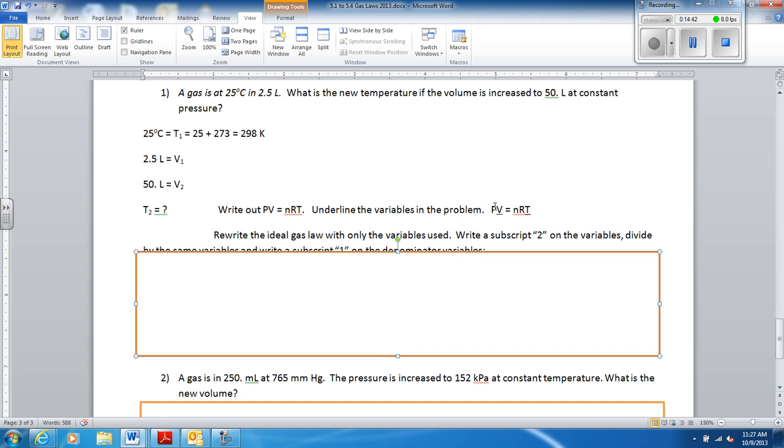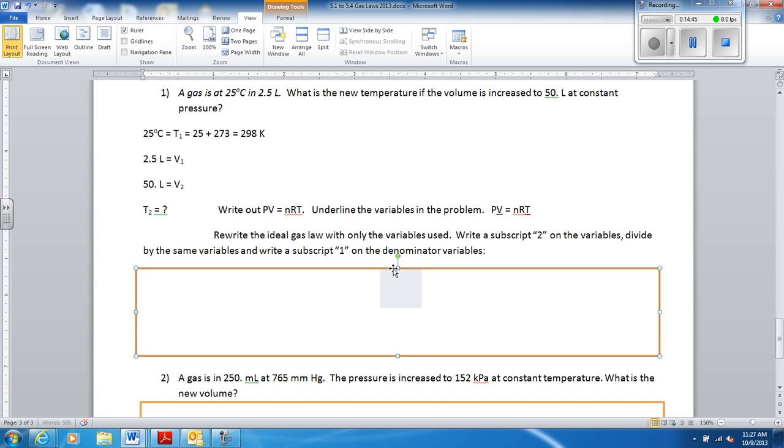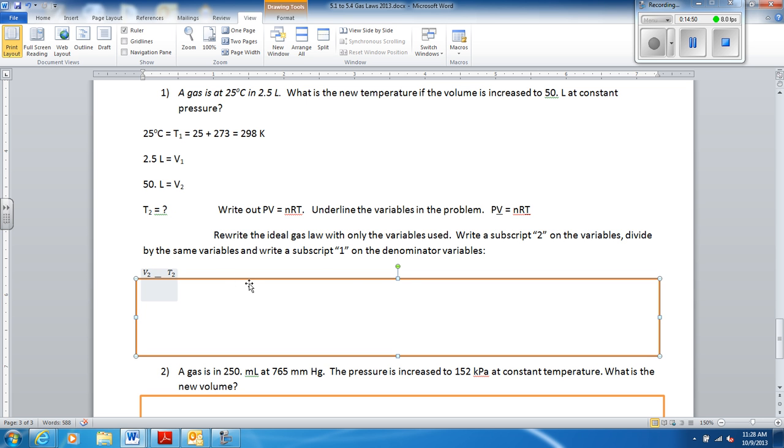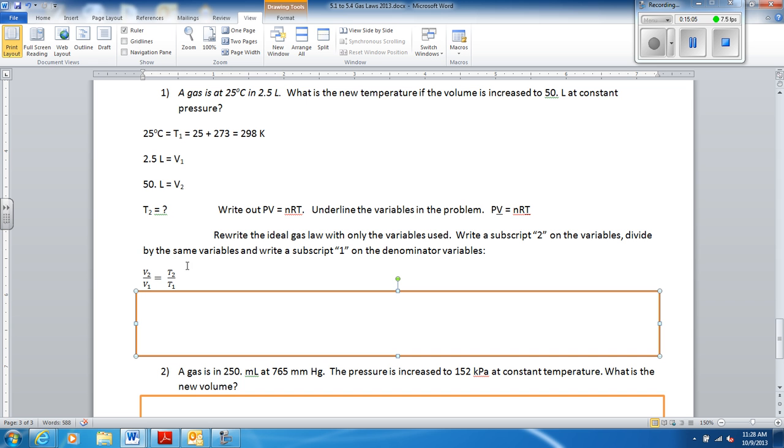So I will write V equals T. We rewrite the ideal gas law with only the underlined variables. I put a subscript 2 on the variables: V2 equals T2. And then I divide by the same variables and write a subscript 1 on the denominator. So V2 over V1 equals T2 over T1.